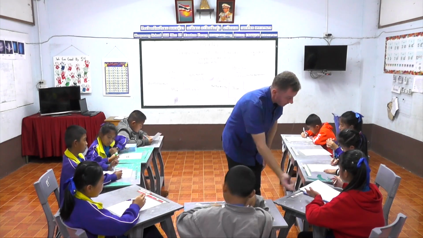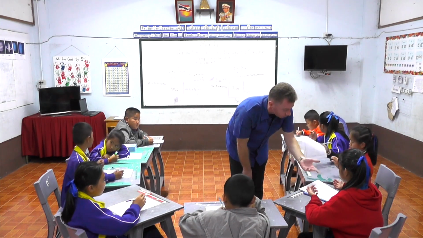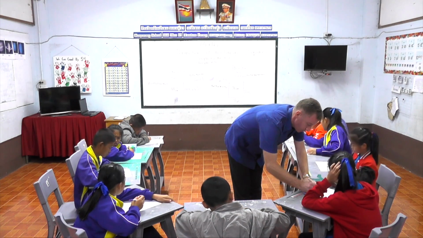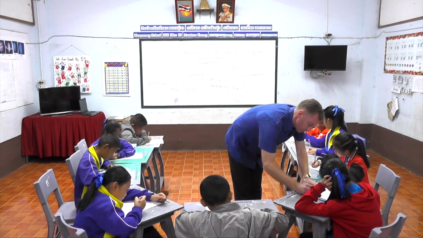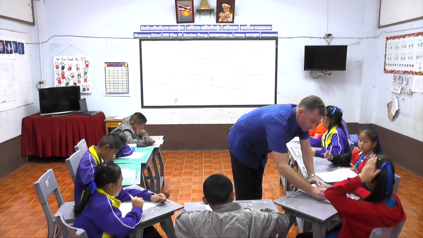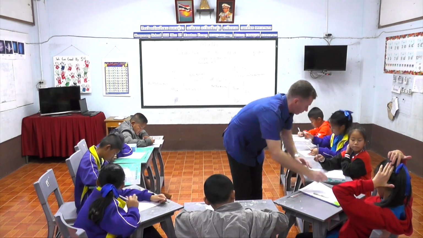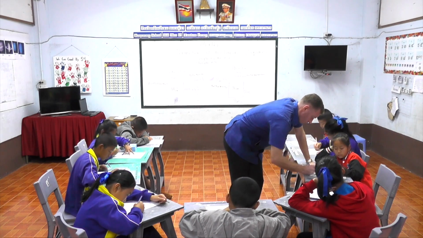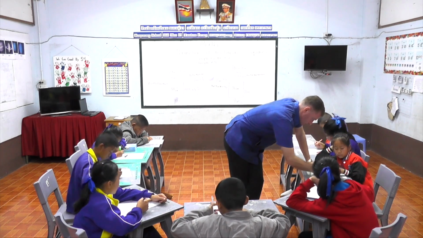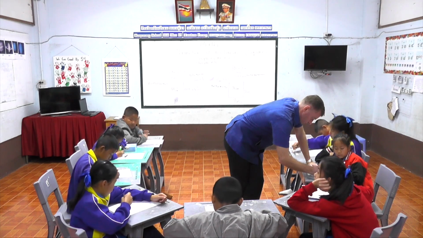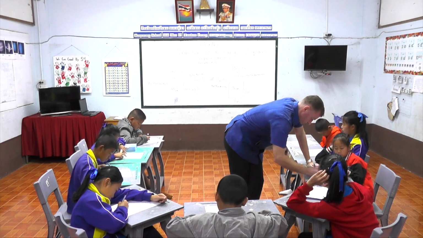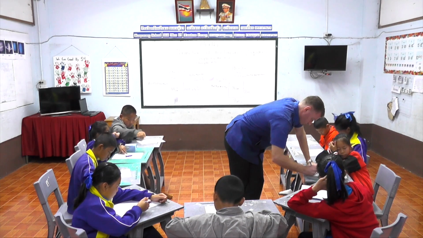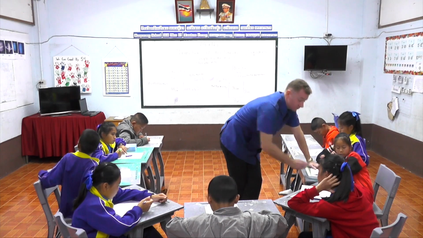Yep, 10 times 4 is 40, or 10 plus 10, 20 times 2 equals 40. Excellent. Brilliant, guys.